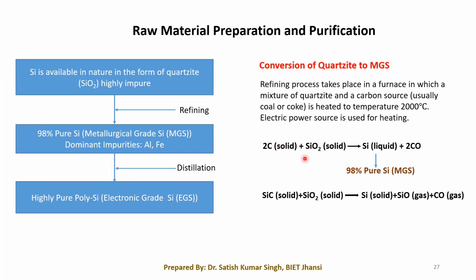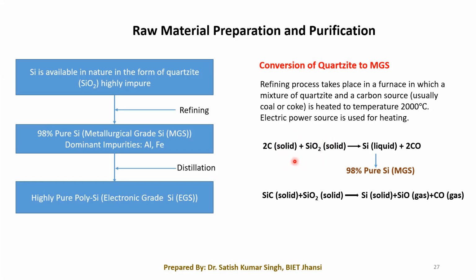Both will be mixed, and then we have to submerge the electrodes. The mixture of this is called the charge. In VLSI fabrication terminology, you will find this term used: a charge.